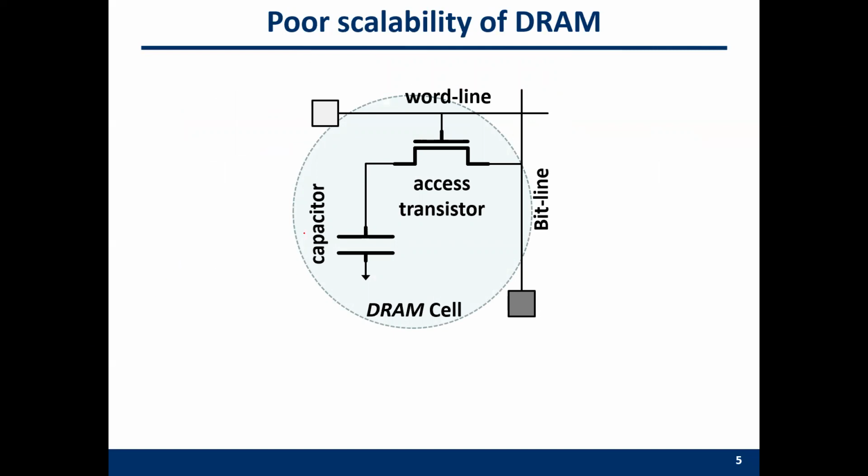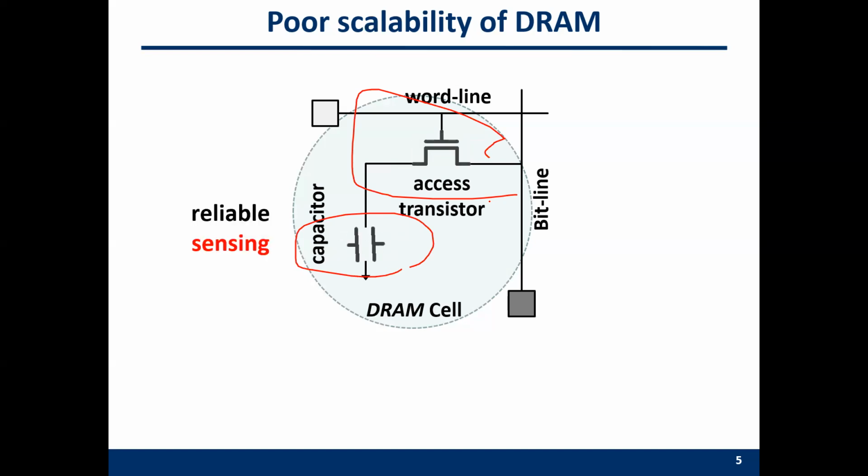Again, in our previous lecture, we talked about the structure of DRAM. It's simple, just a capacitor and an access transistor. So if we can make everything here smaller, then the cell is scalable. But unfortunately, if we reduce the size of the capacitor, it's difficult to sense the cell.